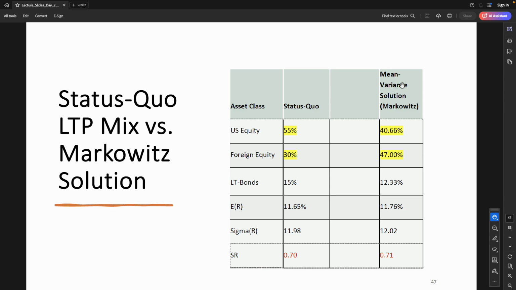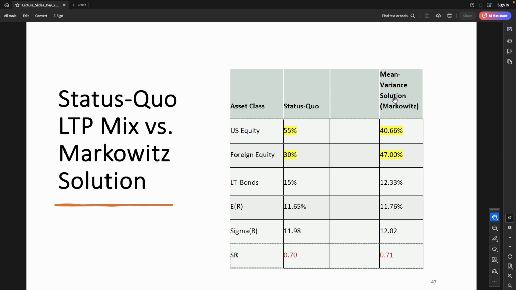I used a Markowitz optimizer. You are going to program one yourself later on. Here I used some Excel tool. You will use Python. So the solution is here only for the tangency portfolio. So I just need to know among all the risky assets, what is the combination with the highest Sharpe ratio? I found it. Now, is the LTP close to Markowitz? That is the question.